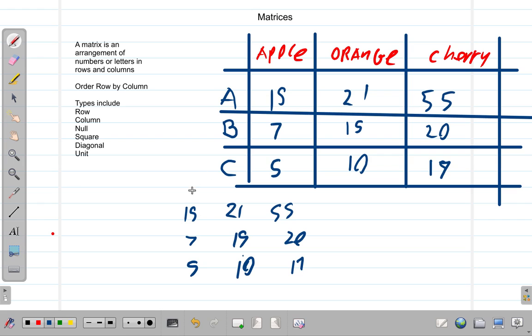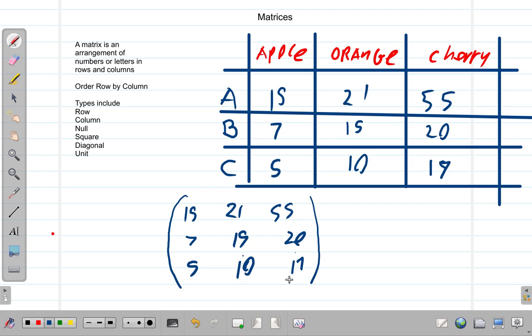So you remember that here you have apple, orange, cherry, and these are A, B, and C. Now, a matrix will have these numbers surrounded by round brackets, just like this. All right?